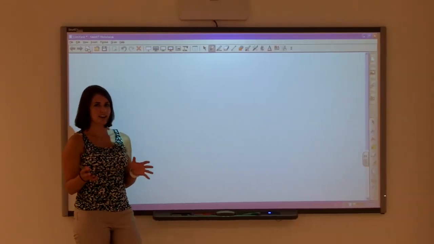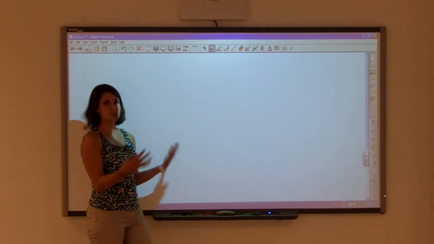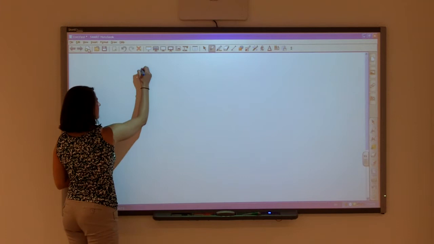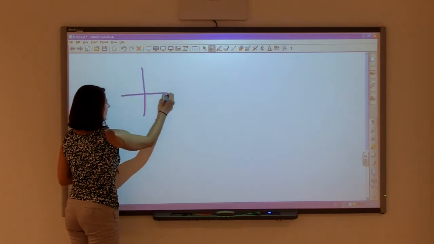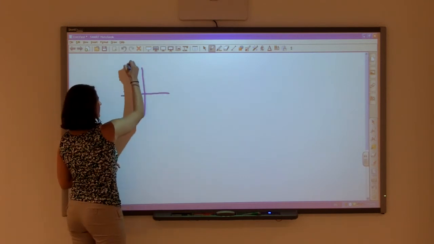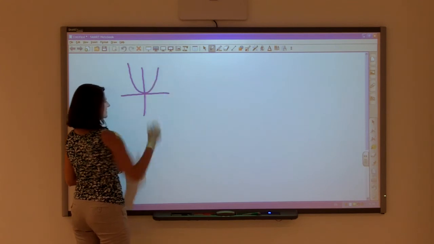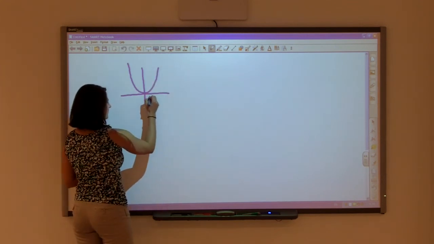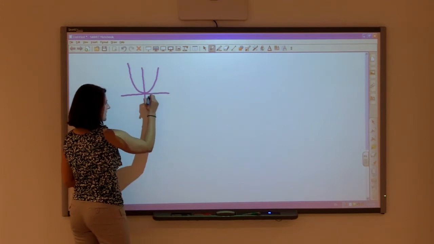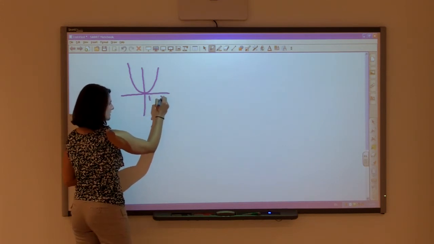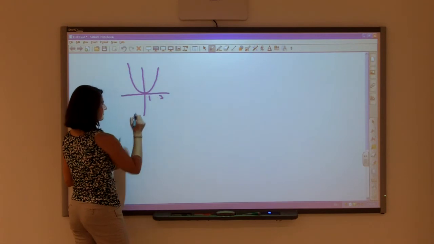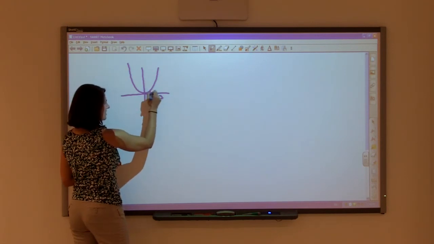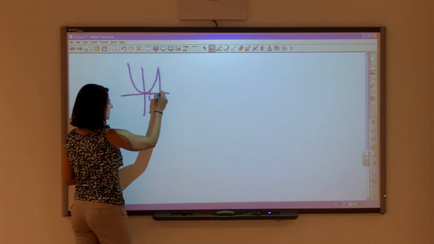So now let's work on actually applying these integrals to your graphs. So let's say we're given a graph of x squared. So it looks something like this. And you're wanting to find the area under the curve between x equals 1 and x equals 3. So we're talking about the area from here to here.